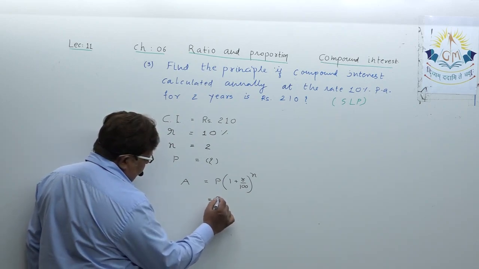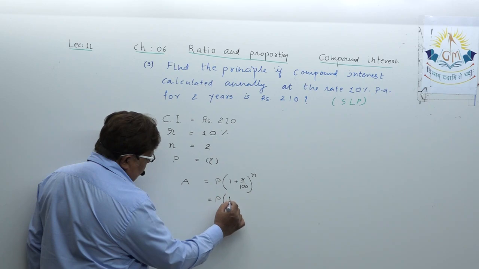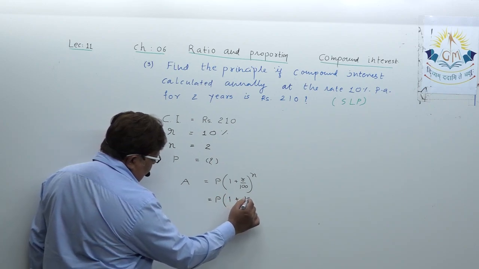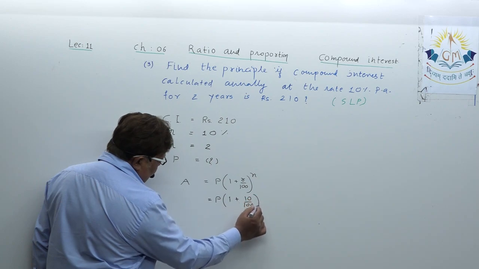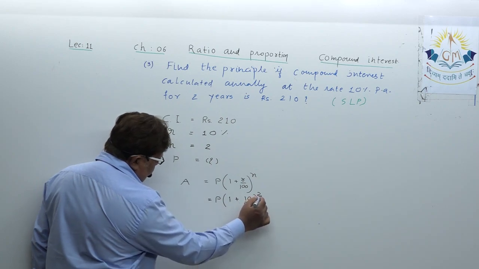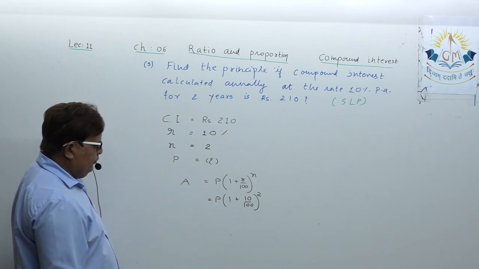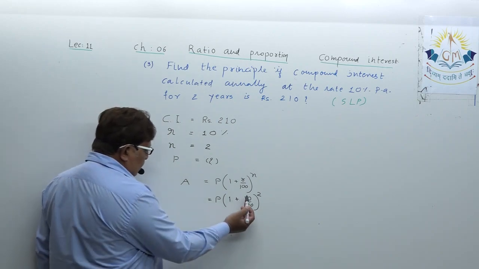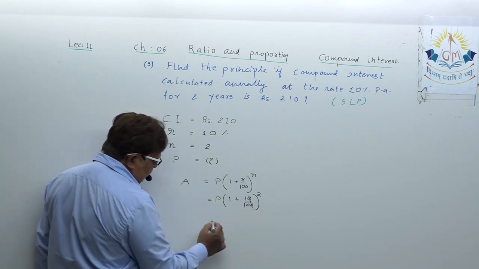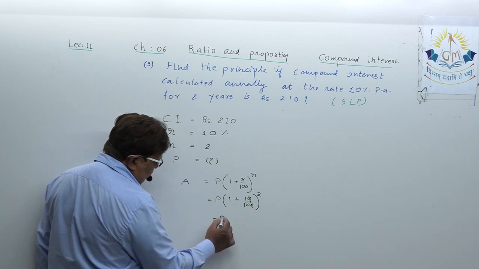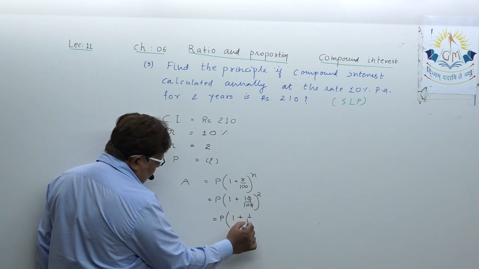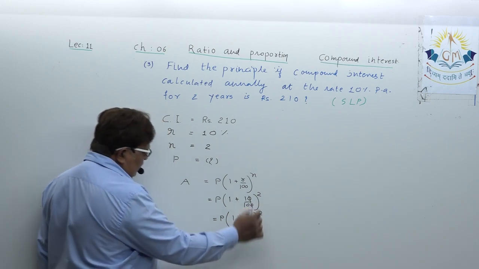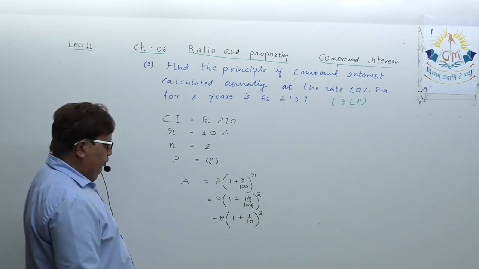Rate of interest 10% raised to 2. The 10 and 100 cancel here, P into bracket 1 plus 1 upon 10 raised to 2.